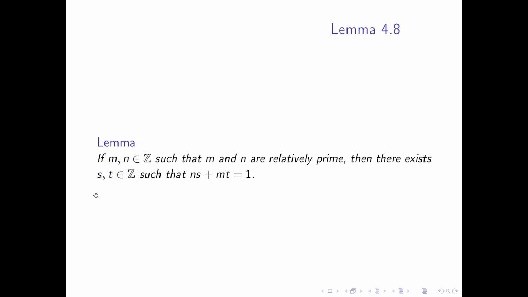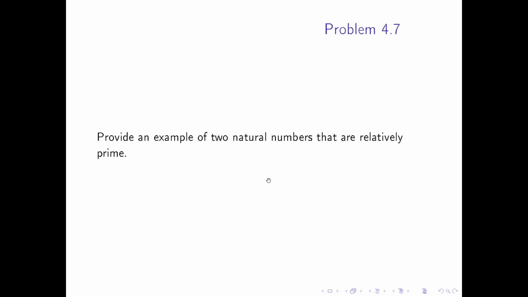That is a critical idea about relatively prime that's really useful and powerful. All right, go back just real quick. Again, this is a problem I want you to do. It's just a to-do. Provide an example of two natural numbers that are relatively prime. Preferably not prime themselves. That's boring. Find numbers that are not prime but are relatively prime.